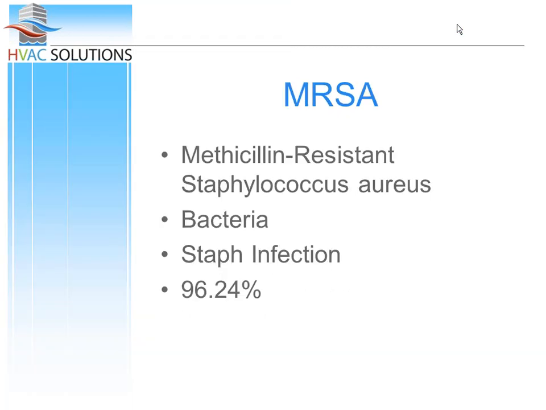MRSA. So this is a bacteria, and this is a surface-borne bacteria. MRSA is really staph infection on steroids. So what that means is you see this in a lot of hospitals.